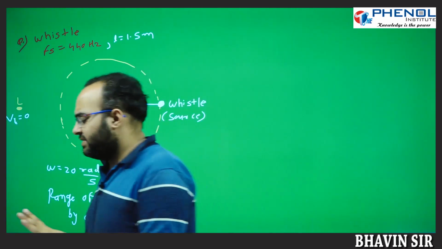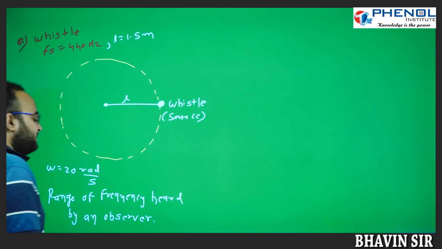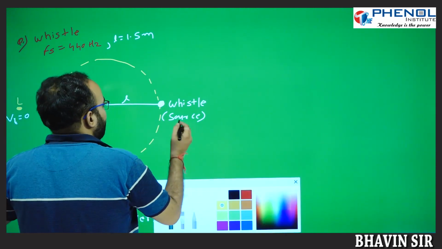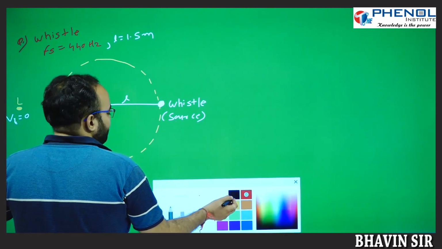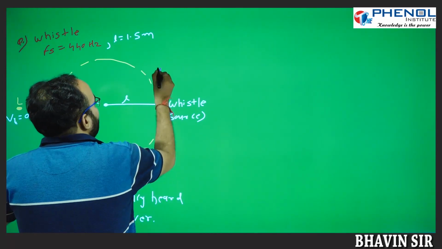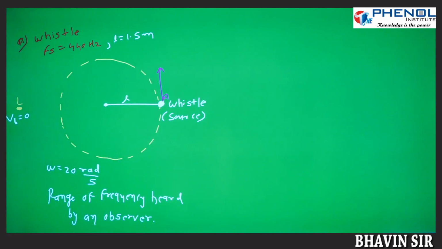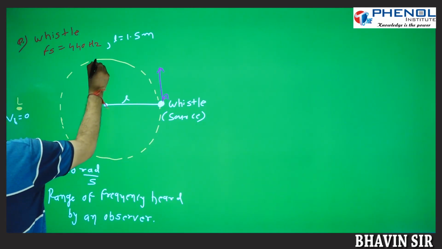We want to find the range of frequency, which means we want to find the maximum and minimum frequency. So we consider points. Suppose this is A. At A, the direction of velocity is in the direction of the tangent.